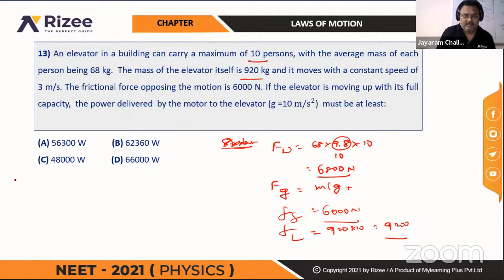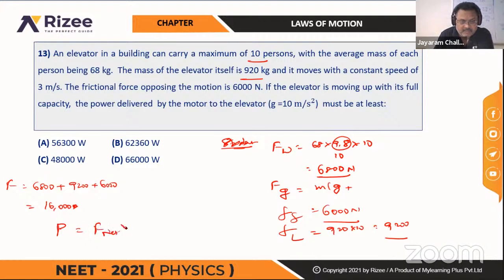So if we add them, what is the net force that we are getting? It is the summation of all these: 6,800 plus 9,200 plus 6,000, and that should be equal to 22,000. So the total force is known; then the power required to move it, power is equal to net force into velocity, which is equal to 22 into 10 to the power of 3, into velocity, which is 3 meters per second.